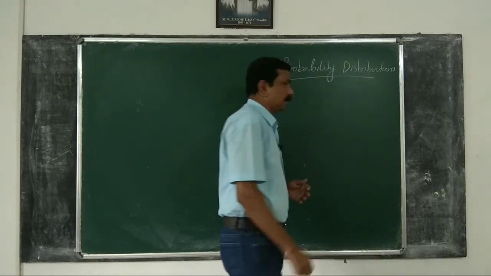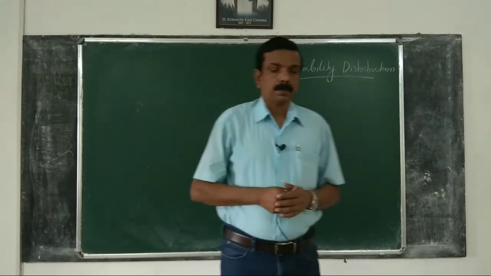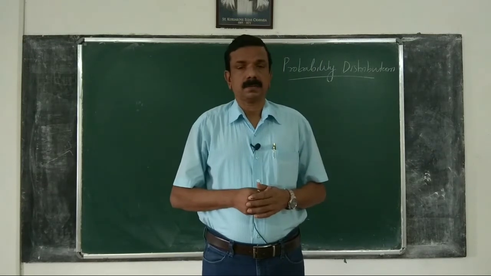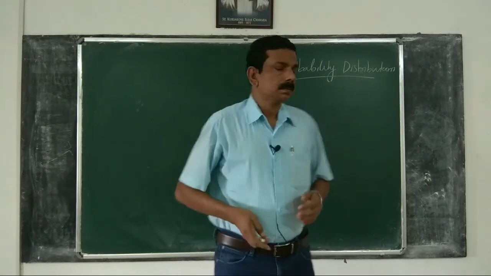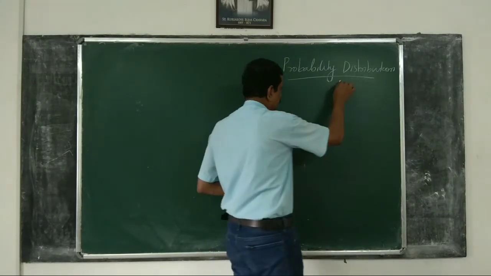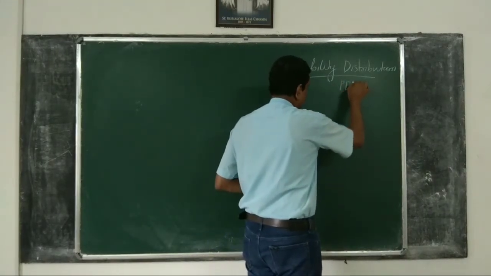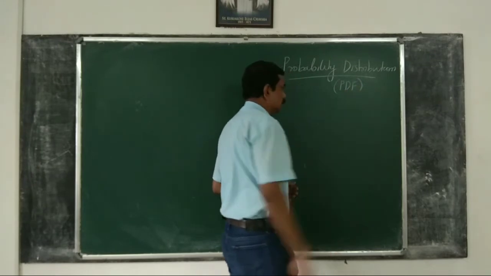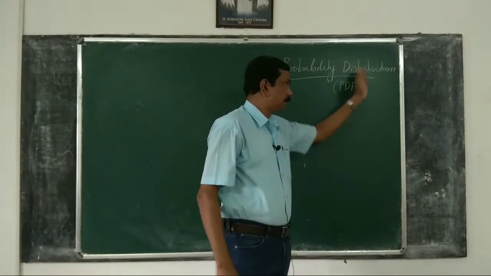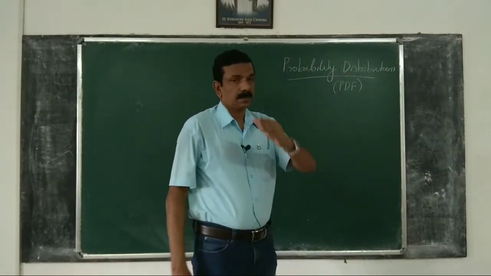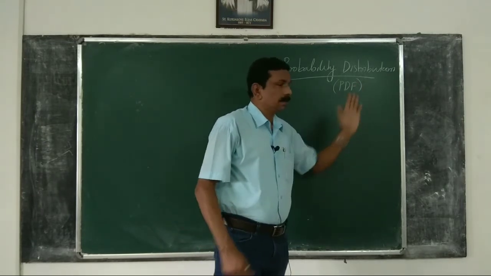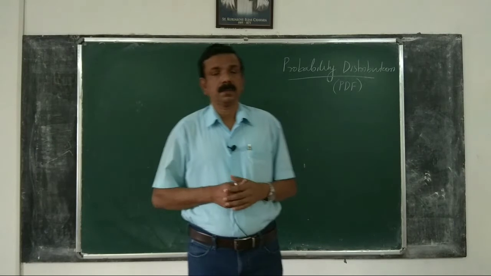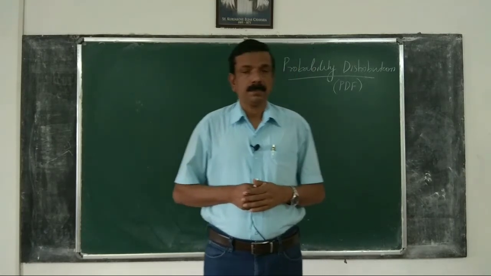That is, we define the probability distribution function, or what is known as the probability density function. Probability distribution function for a discrete random variable and probability density function for a continuous random variable.